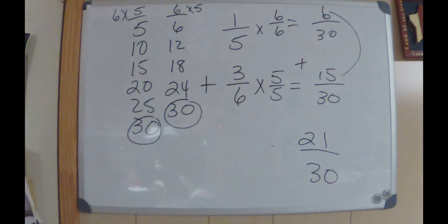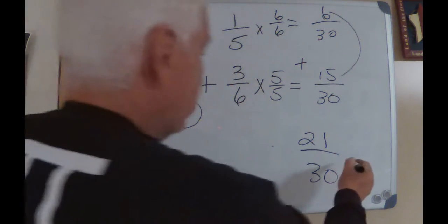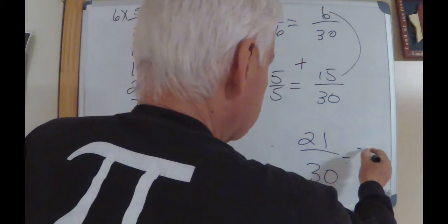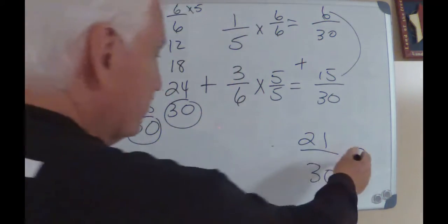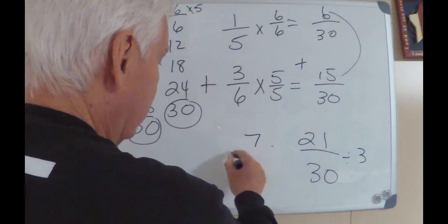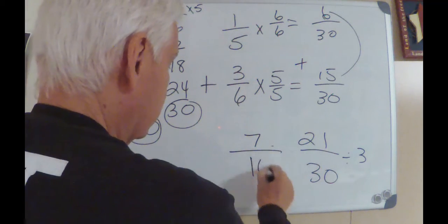Now, I would accept that in 4th grade to be the correct answer, but we should also know that we can reduce that, and I can do that by dividing both the top and the bottom by 3. 3 goes into 21 7 times, and 3 goes into 30 10 times.